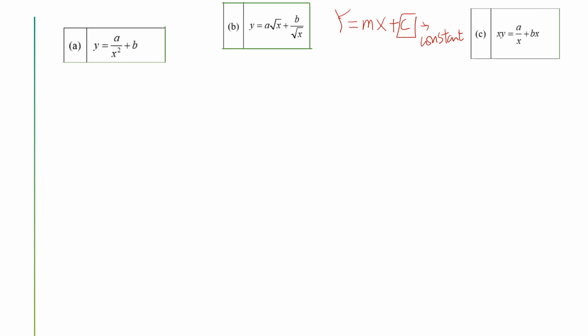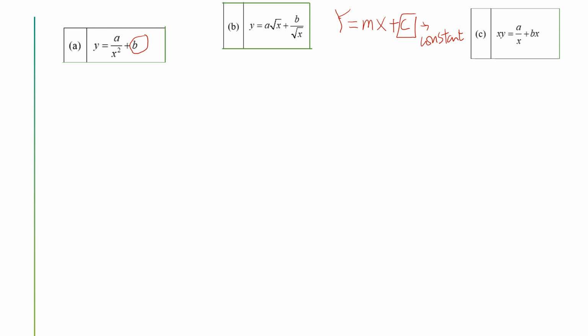If you look at the first equation here, the letter b is actually your constant. Can you see there's no variable? Variables are usually represented by the letters x or y.